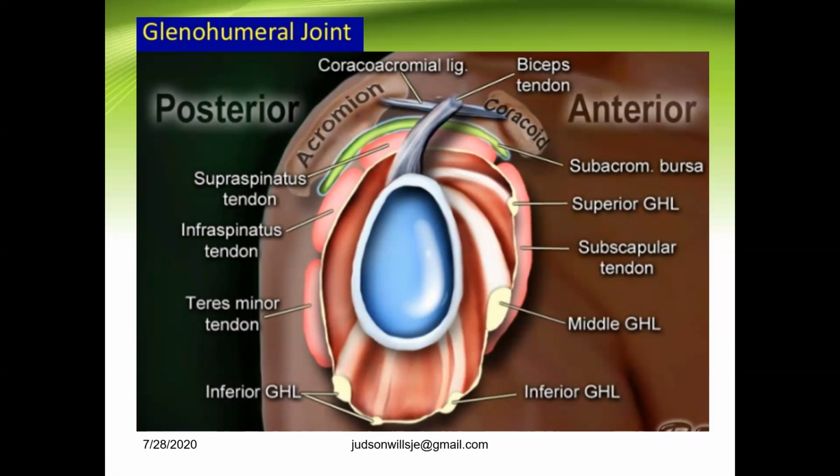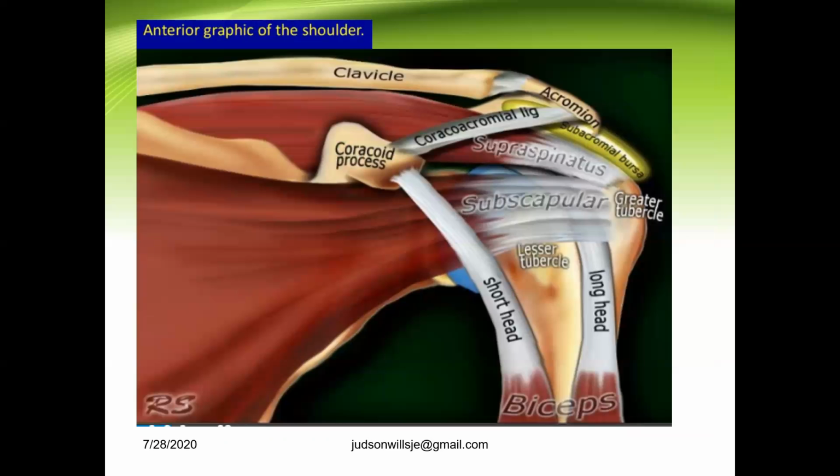Posteriorly, we have the posterior labrum, as well as the posterior band of the inferior glenohumeral ligament, and the infraspinatus and teres minor. These are the structures which include the glenohumeral joint.